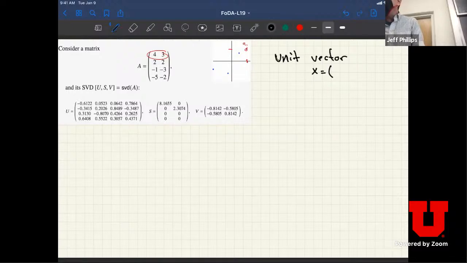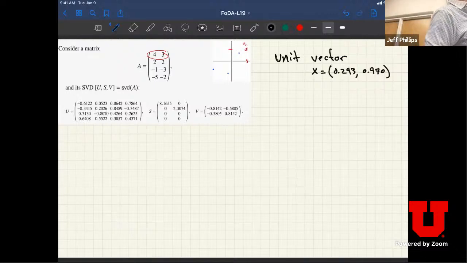And as an example, let me walk through approximately 0.43, 0.9. This isn't exact, but if you square those and add them up, that's approximately 1. Okay, so this will be my example here.